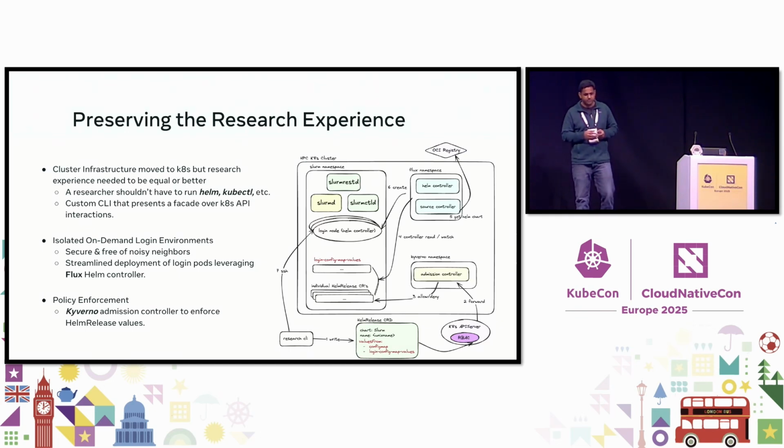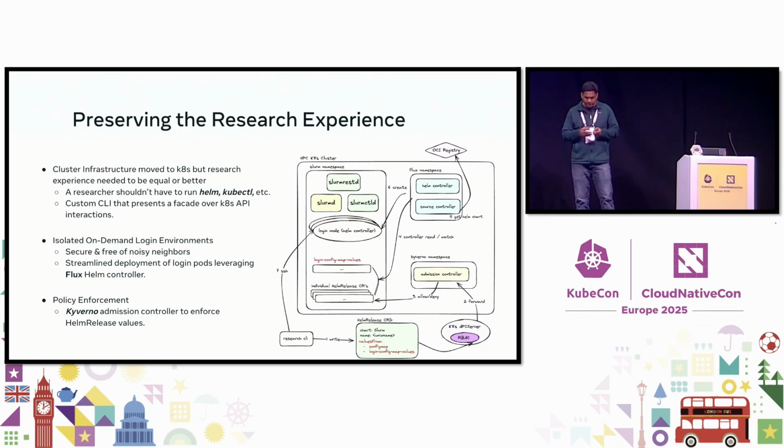So whenever researchers log in, that Helm release object is created, and then dynamically a login pod is created for them. When that pod is up and running, an SSH session is launched, and researchers get into the login environment, and from there on, they can just run their normal workflow. They don't even realize they're inside the Kubernetes cluster. They don't have to learn anything about Kubernetes.